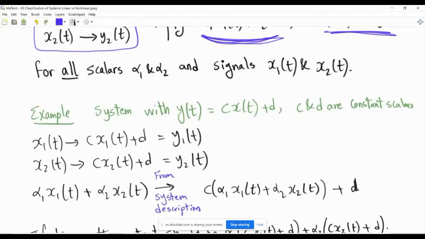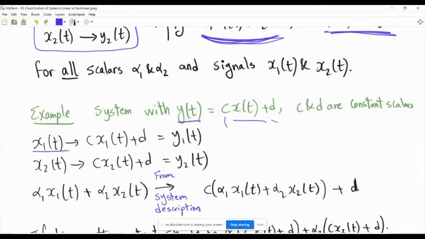So here is our system: y of t is equal to some constant c times x of t plus some other constant d. This system takes a signal, multiplies its amplitude by some given constant c, and then adds a sort of bias, which is d. And the question is, is this system linear or not?